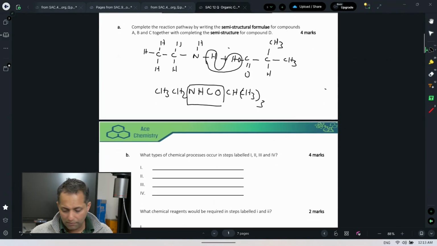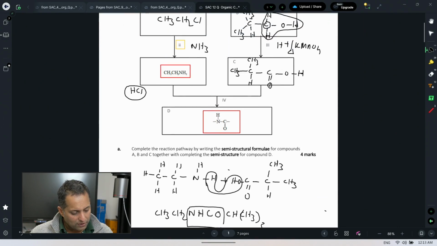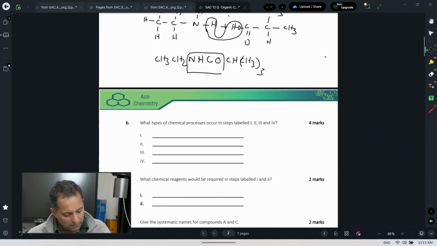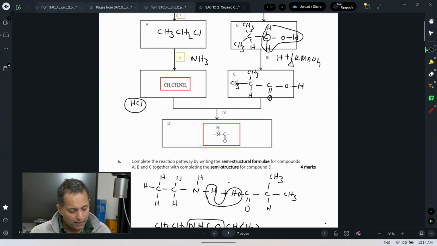So what type of chemical process occurs in labels 1, 2, 3? Okay, I'll give you one. CH3, CH2, Cl, that's one. What happens in 2? What is 2?